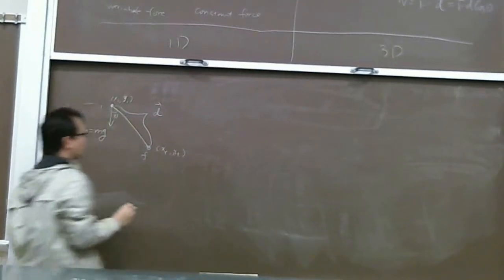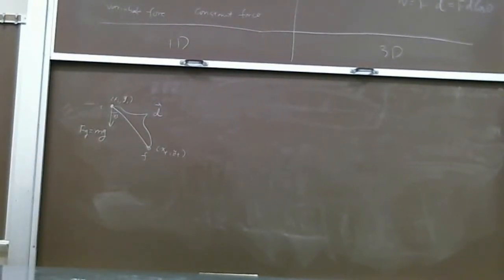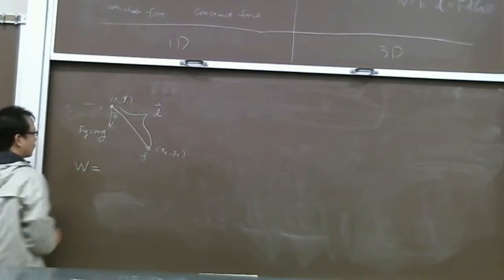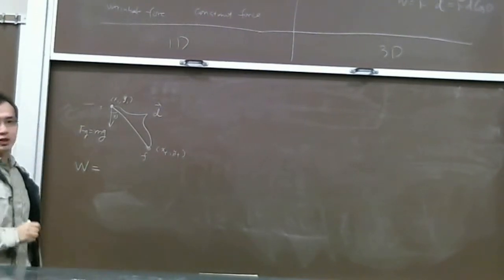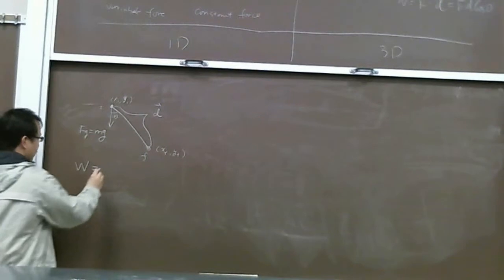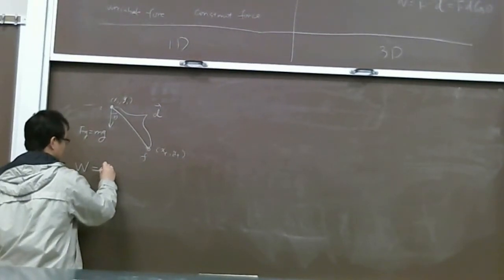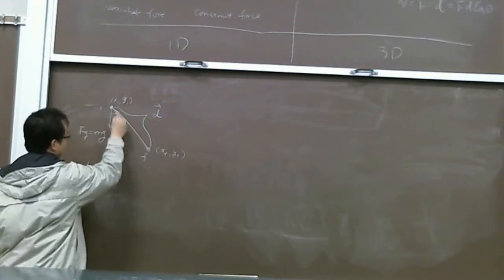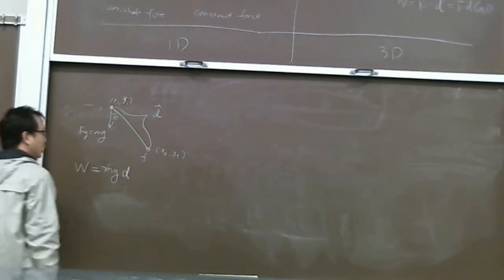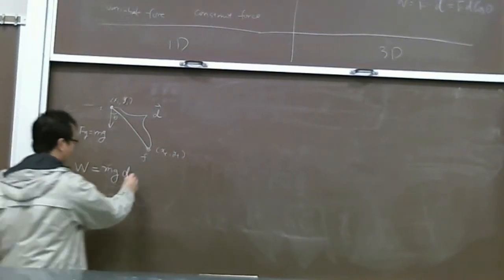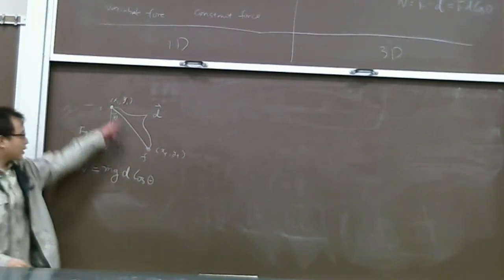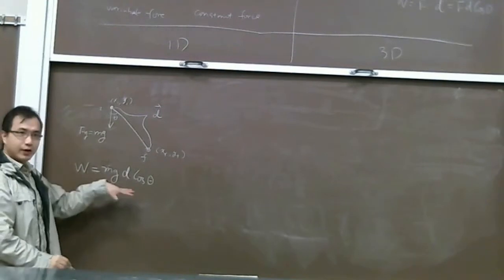So these are the coordinates of the two points. Now, the work should be the force F multiplied by d multiplied by cosine theta. So the force is mg, this is the distance, multiplied by cosine theta. If we know the distance and cosine theta, we can evaluate this.